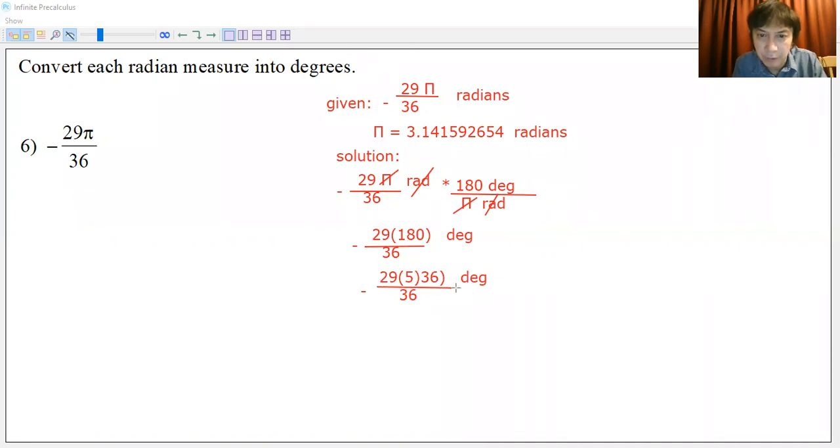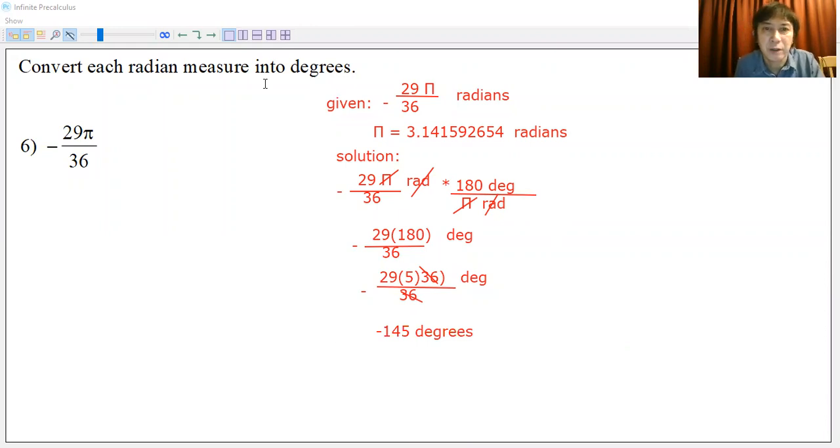You can see the 36 cancels out with the 36 there, and we have just the product of 29 and 5. How much is that? That will be 145. So it's negative 145 degrees.